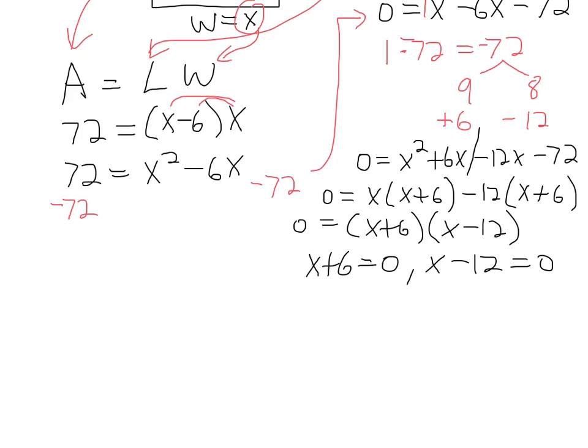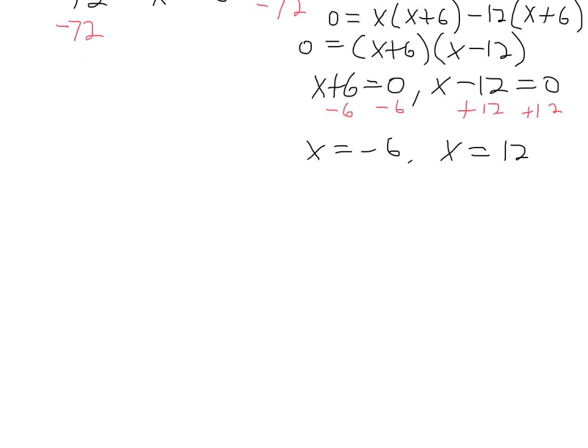This first one we can solve, subtracting 6 to get us x equals negative 6. The second one we can solve by adding 12 to get us x equals 12. Potentially two answers. Let's take a look at this situation.